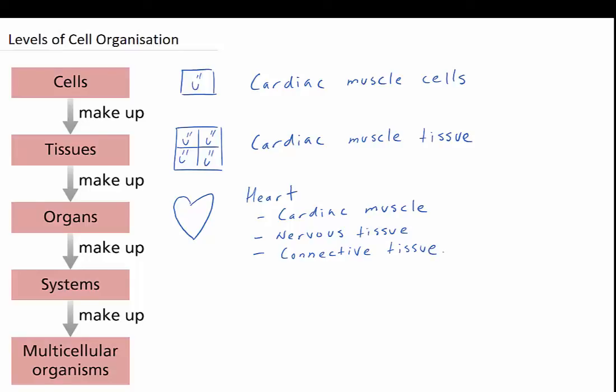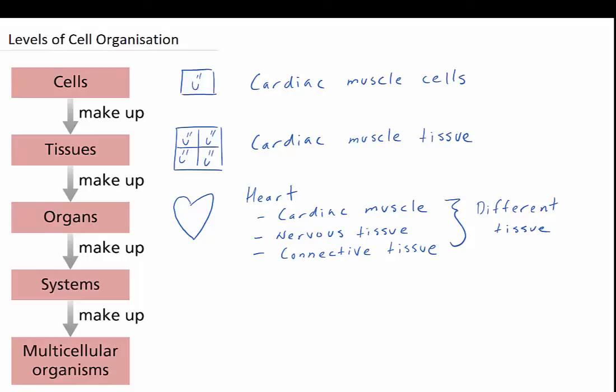And so there's many different types of tissues that are working together to perform the function of the heart. And the heart is referred to as an organ. So whenever you have different types of tissue working together to perform a function, this is referred to as an organ.